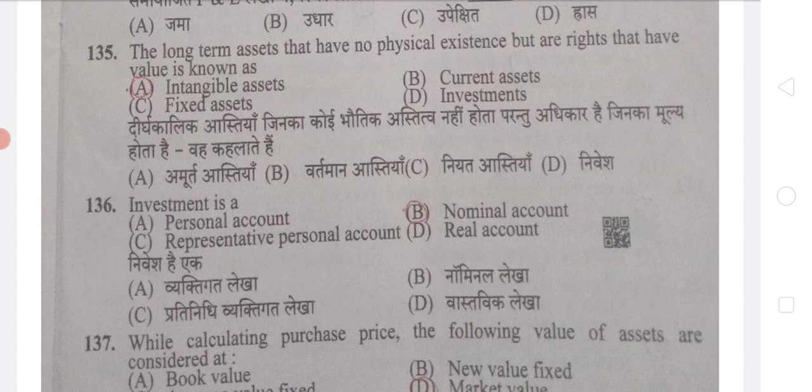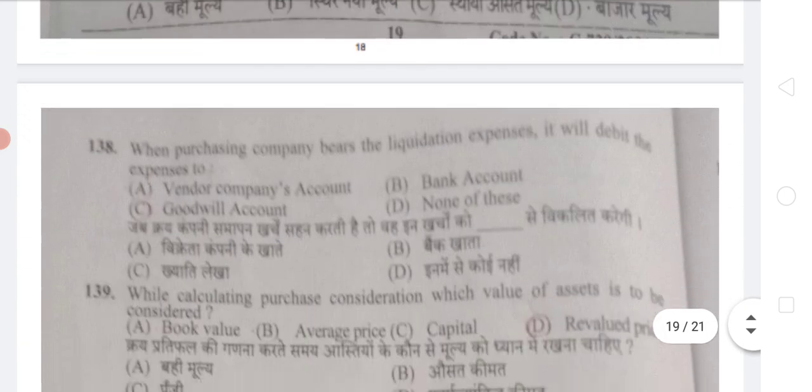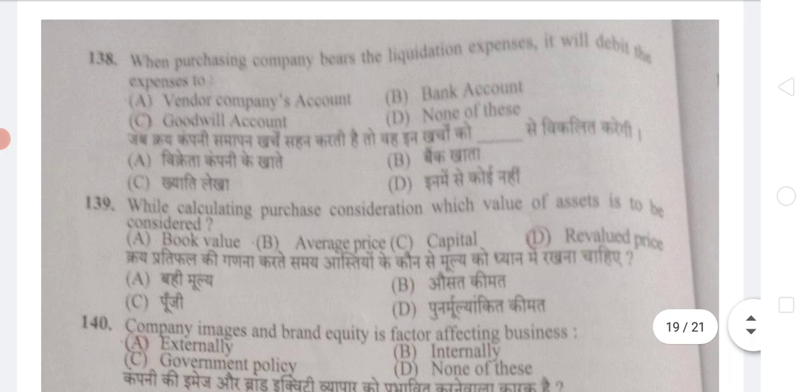136. Investment is a B. Nominal account. While calculating purchase consideration, the following value of assets are considered at D. Market value. When the purchasing company bears the liquidation expenses, it will debit the expenses to C. Goodwill account.